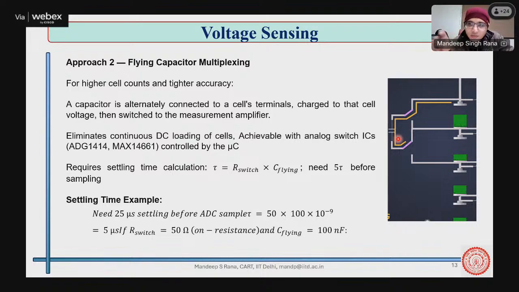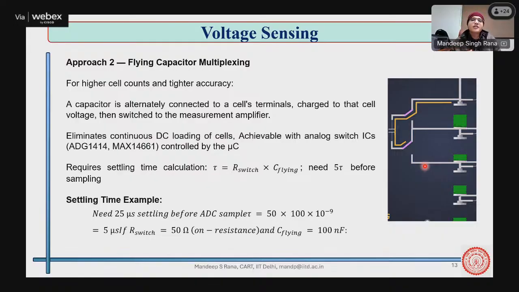Through that, we know that this particular battery is charged at this voltage. So this capacitor will be connected to this battery, and we get to know its voltage. Then again, this capacitor connects to the next battery and we get information about the next battery. And so on, we can keep repeating.